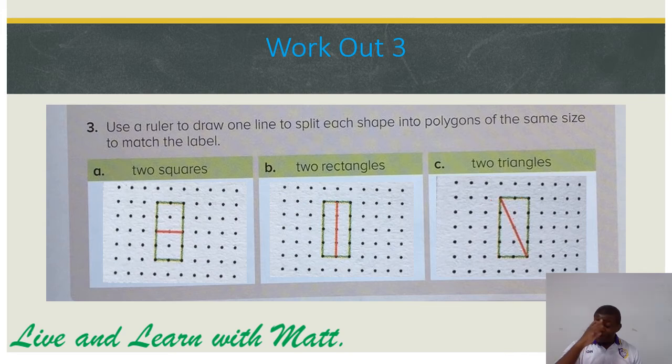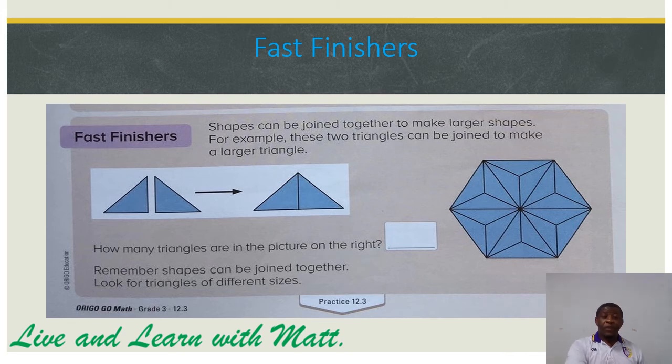Now let's go to the fast finishers. Shapes can be joined together to make larger shapes. For example, these two triangles can be joined to make a larger triangle.